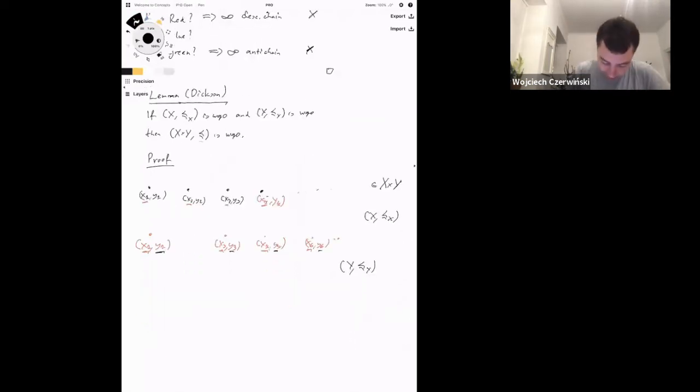So then we can extract an infinite sequence, maybe x1 is not here anymore, but (x3, y3), (x4, y4), maybe then, I don't know, (x8, y8), and so on, such that this is an infinite sequence of dominations with respect to the X order, and on Y it's also an infinite sequence of dominations.